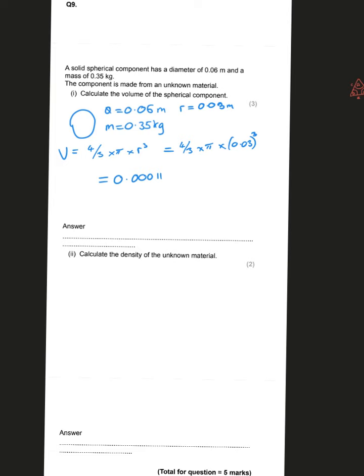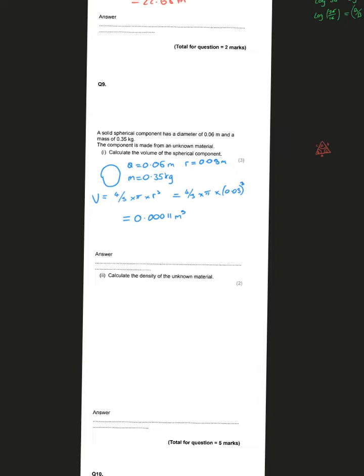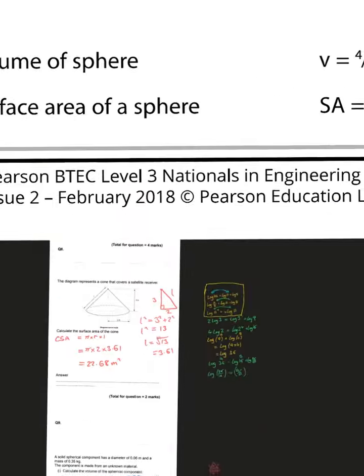You could say 1.1 by 10 to the power minus 4. Just leave it like this. Don't complicate things anything more than you need to. So the volume is 0.00011 meters cubed. And next thing we're asked to do is to calculate the density of the unknown material.